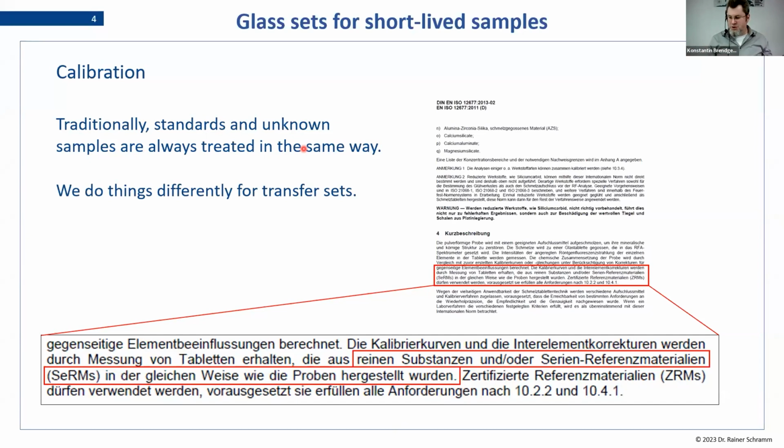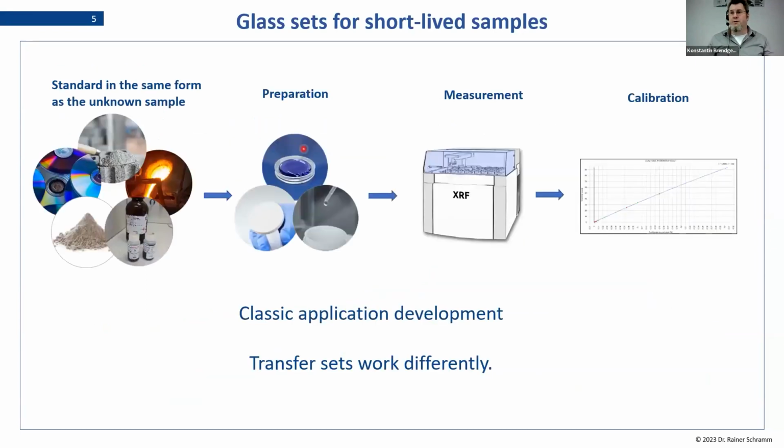But generally speaking, classical calibration means everything is treated the same way, from the standard sets that we use for calibration to the samples that we later analyze. To give you a schematic or a roadmap on how to do a classical calibration, we start with the standard samples, which are basically the same as the unknowns we measure later, be it a powder, a liquid, or some solid samples.